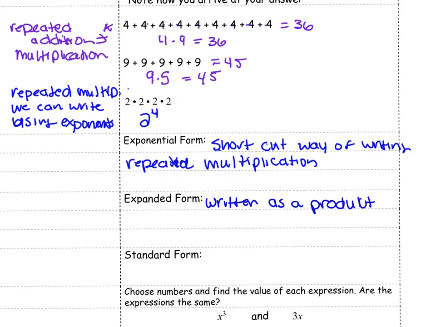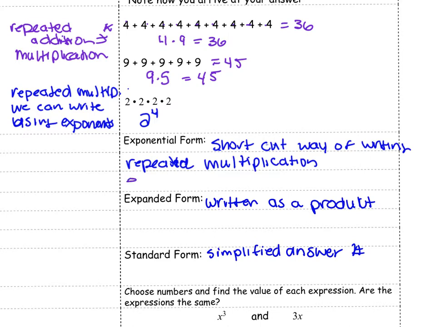And standard form is our simplified answer or number. So an example, I think I'm going to write in purple.